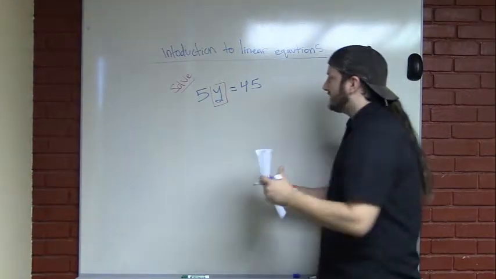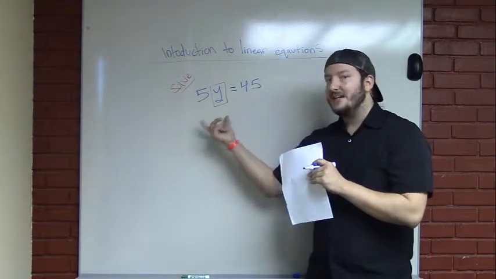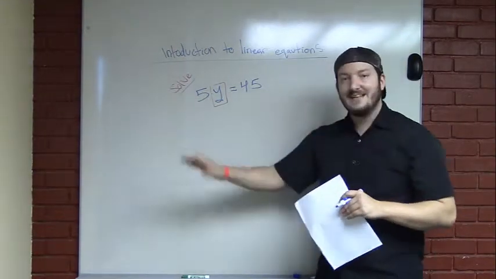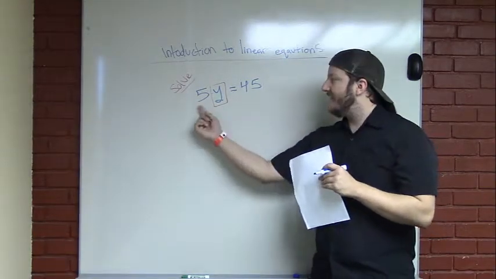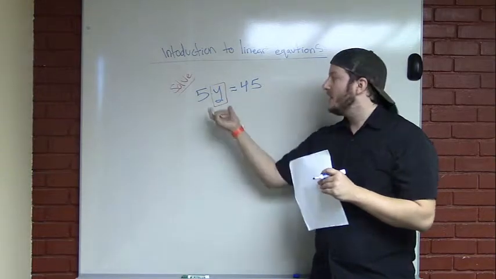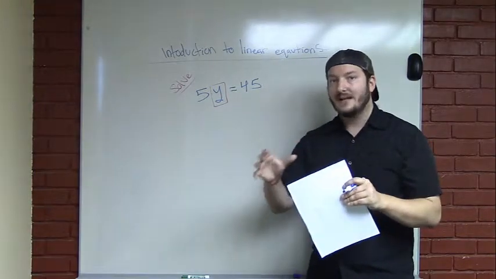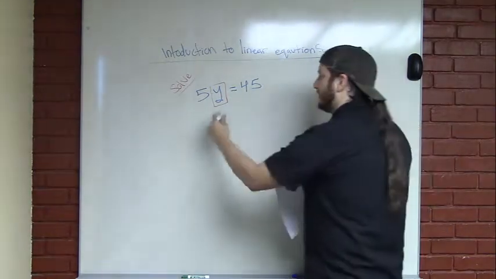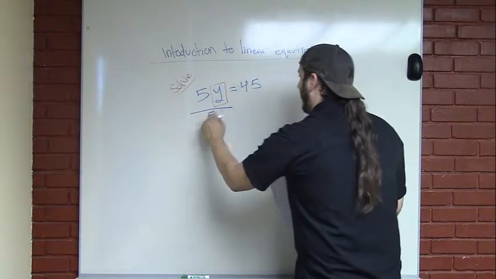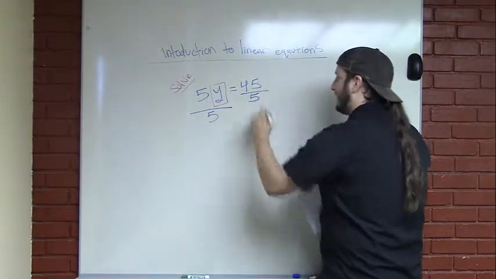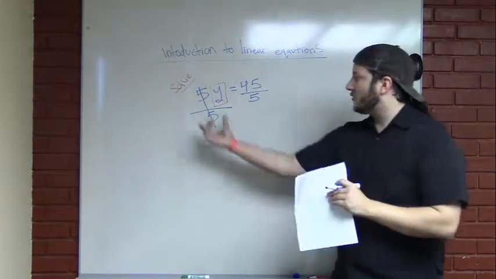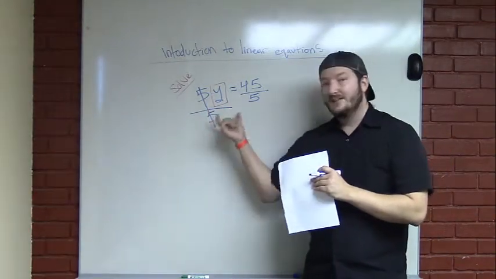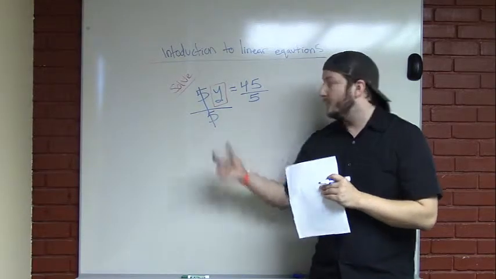So now this box is so heavy it cannot move. So you're not going to do anything with that box. So what you have to do is you have to work around that box. And this 5 is in the way because you want to get this box all by itself. That being said, what you're going to do is you're going to divide both sides by 5 because what that's going to do is it's going to cross those 5s off here, leaving that box alone, okay?